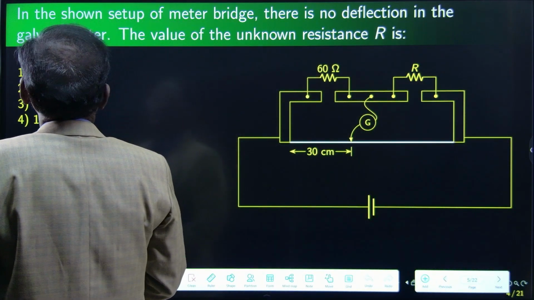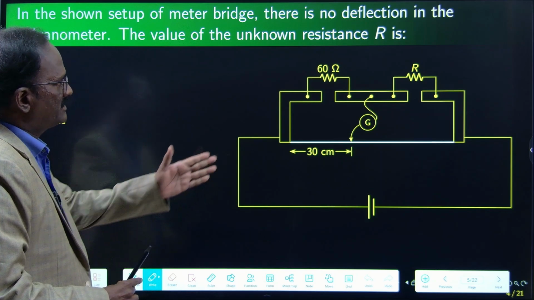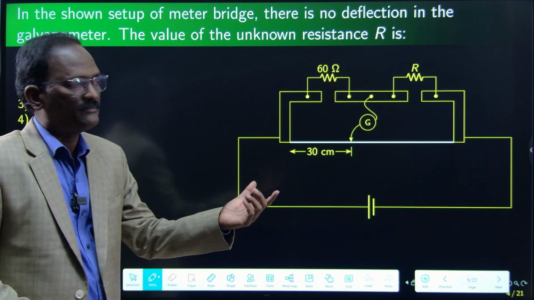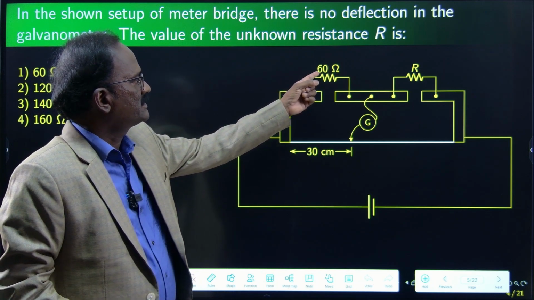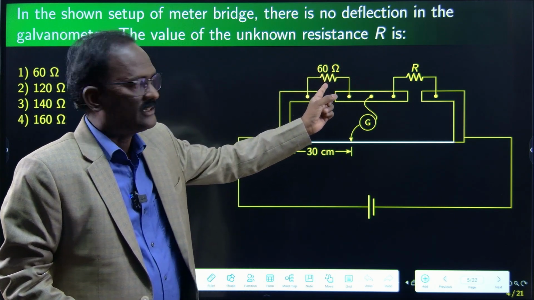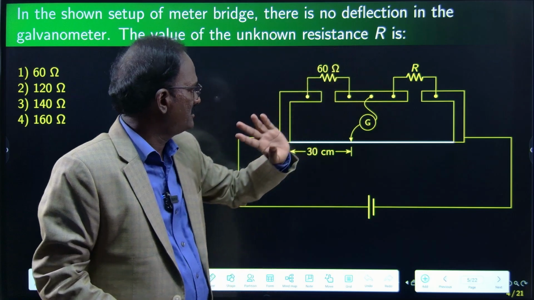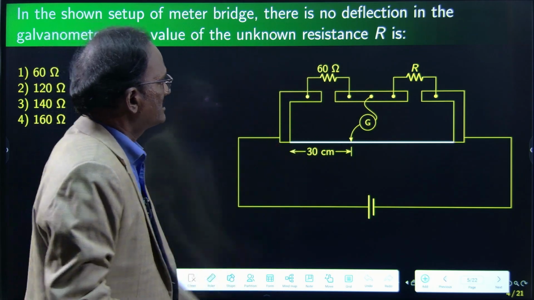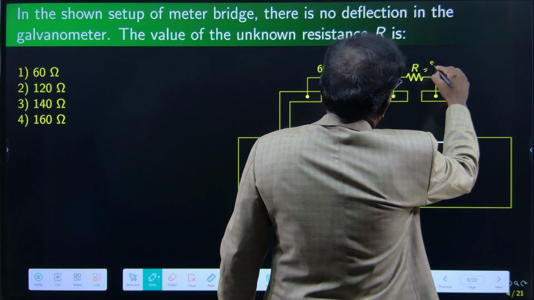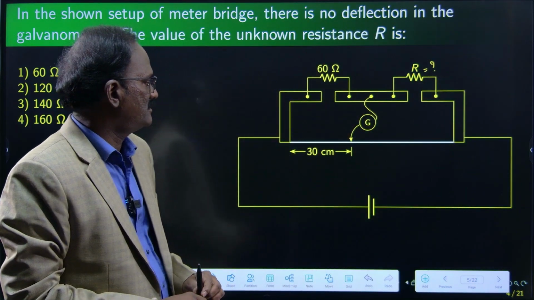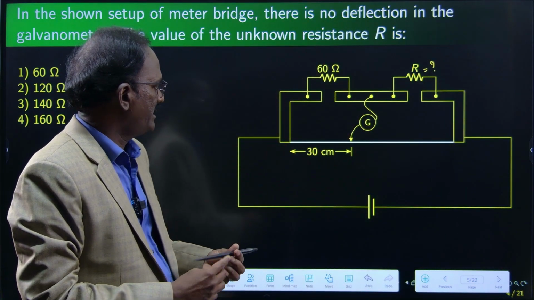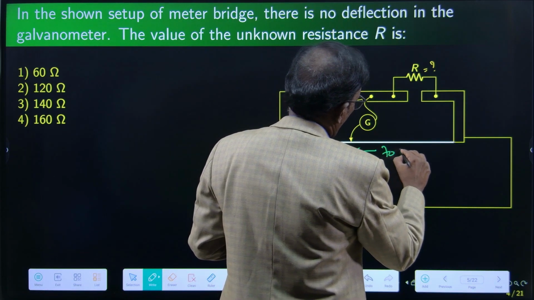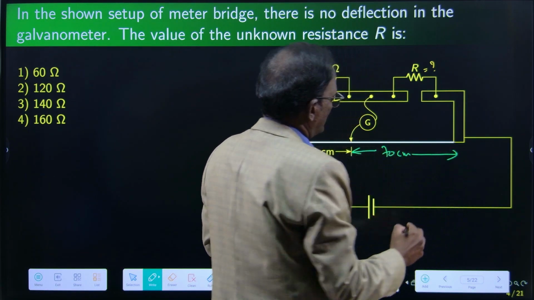The first one: in the shown setup of the meter bridge, there is no deflection in the galvanometer, which means it is balanced. This is 60 ohms, the standard known value, this is the unknown value, and this is 30 centimeters. What is the value of the unknown resistance? 30 centimeters out of 1 meter, so 100 minus 30, 70 centimeters, is this length.